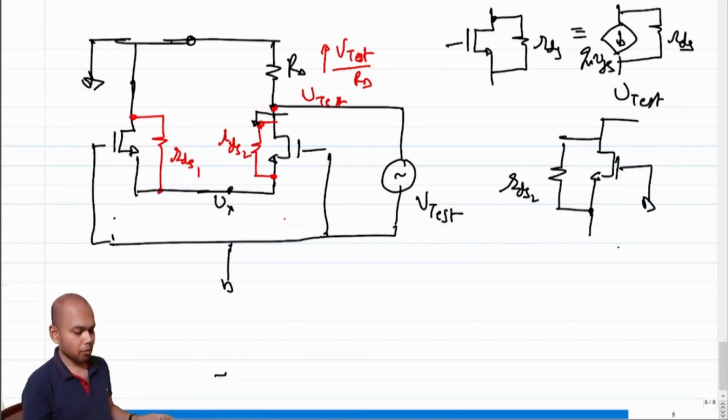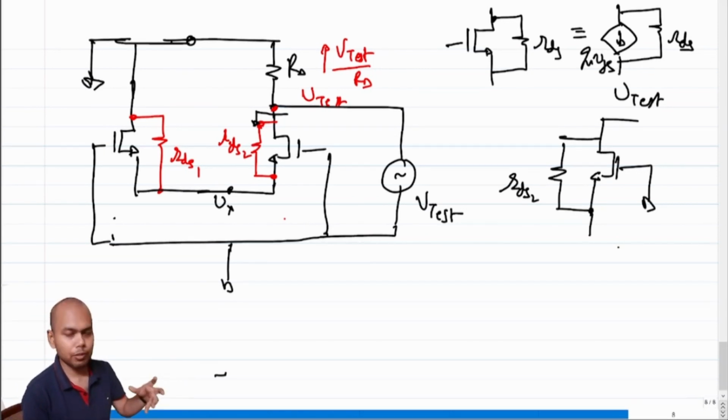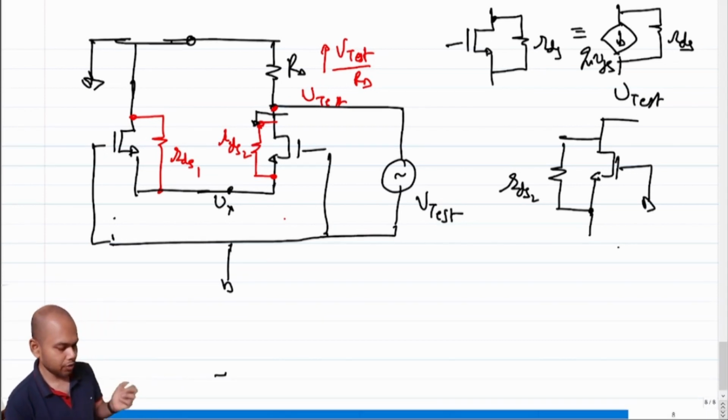I don't want to replace the transistor with its incremental equivalent all the time. So I am superimposing the incremental output resistances on top of the transistor, and we assume that the transistor represents an ideal voltage controlled current source. That is the inherent assumption, and something we need to understand before we proceed.